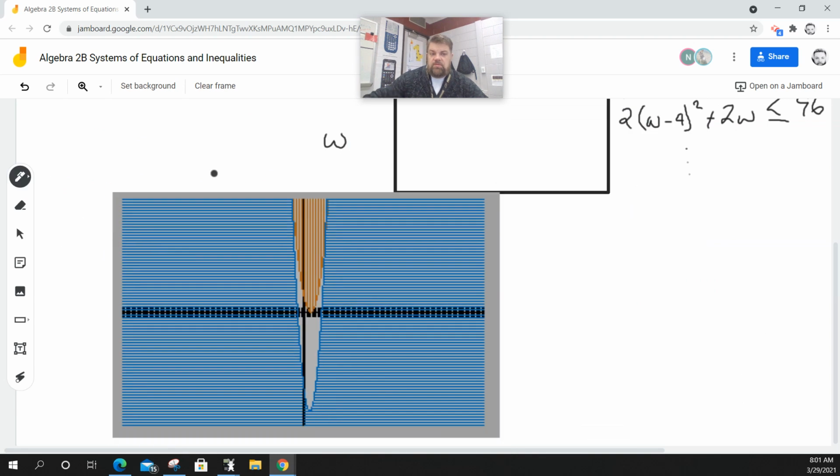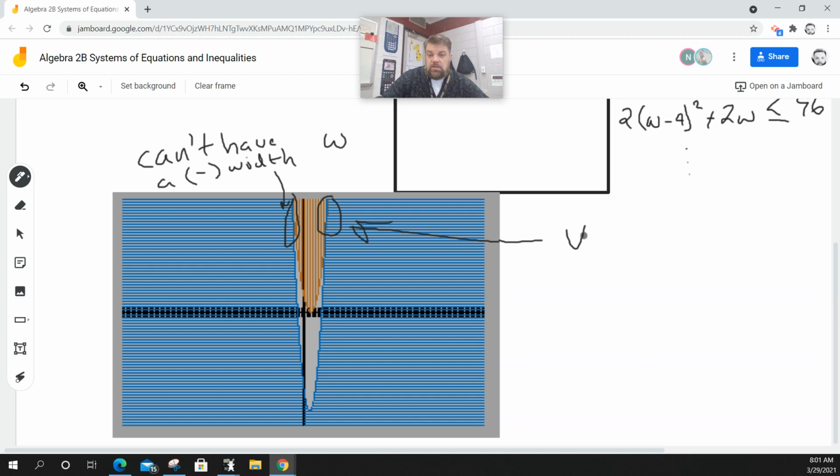So let's just note that for future reference. Right here, this region, these are mathematical solutions. But you can't have a negative width. And where it overlaps over here, these are the viable solutions because they're positive.